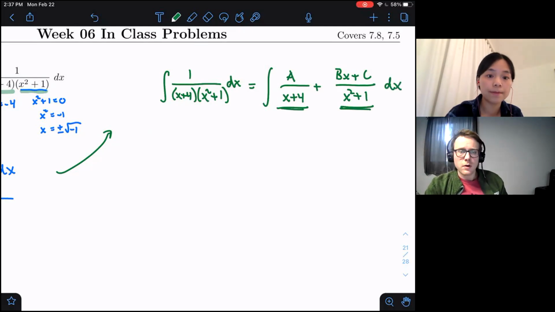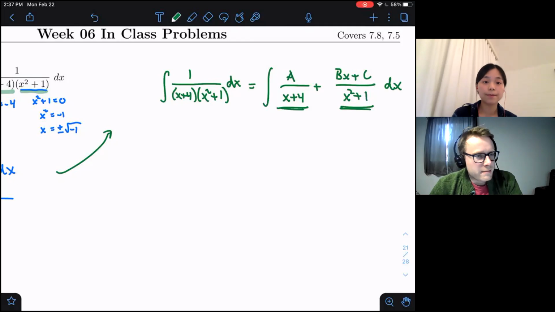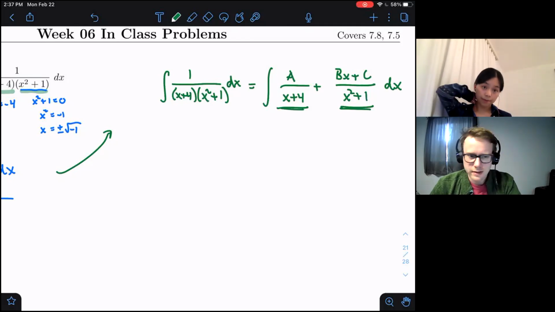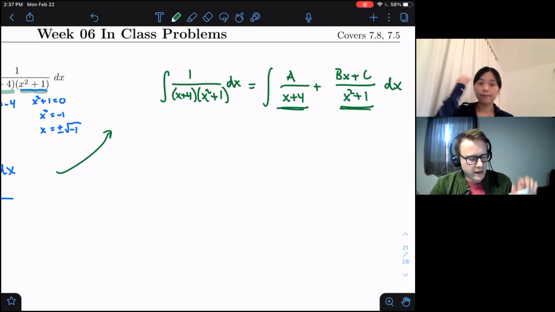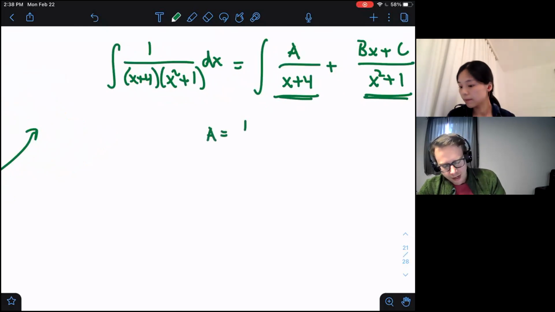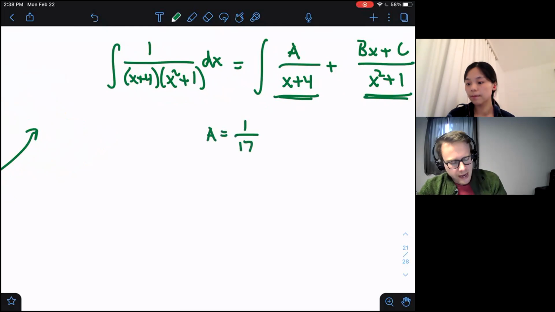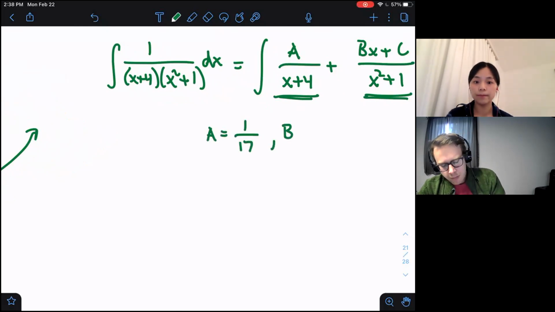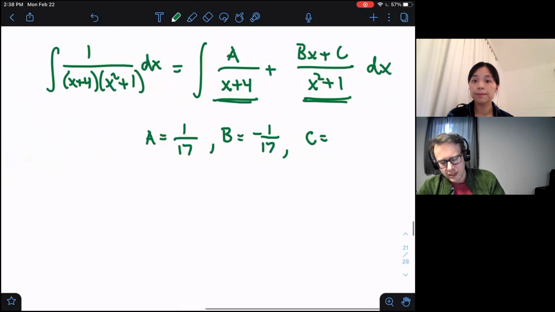All right. So now we need to spend a little bit of time doing the partial fractions work. In the interest of time, I worked it out ahead of time, and I'll post the work for this. For ending this class here, let's assume that I did things correctly, and we end up with A equals 1/17, B equals -1/17, and C equals 4/17.